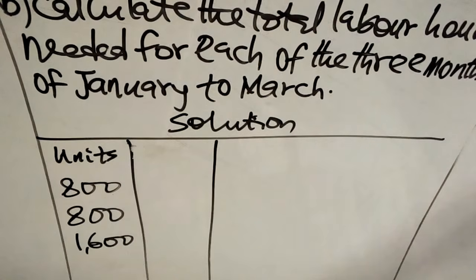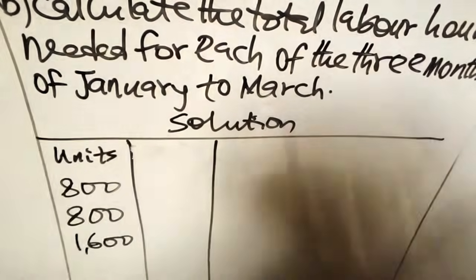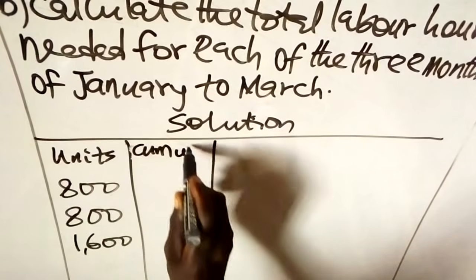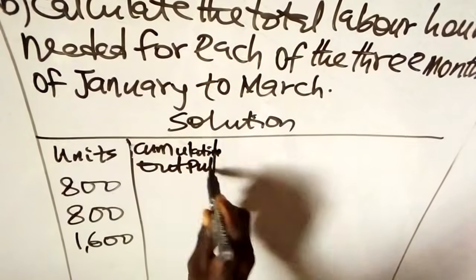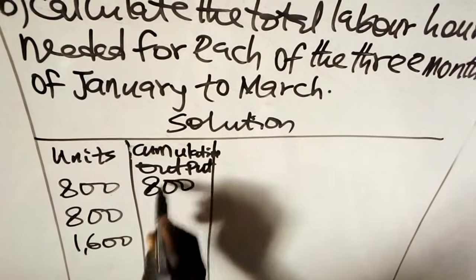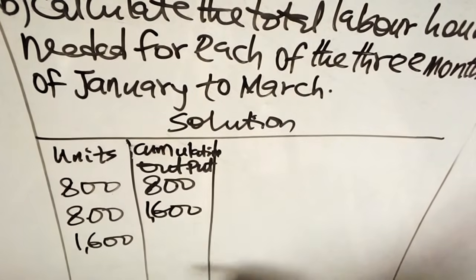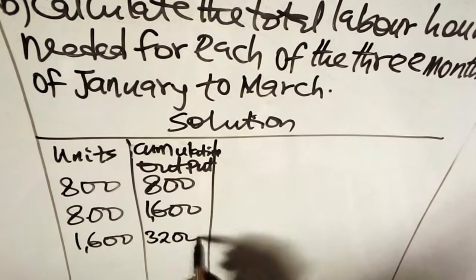That means to get the cumulative average time, it will be cumulative time divided by the cumulative output. On the basis of that, you will need to calculate the cumulative output or units. The first one is 800. The cumulative 800 plus 800 will be 1,600. 1,600 plus 1,600 you will have 3,200.